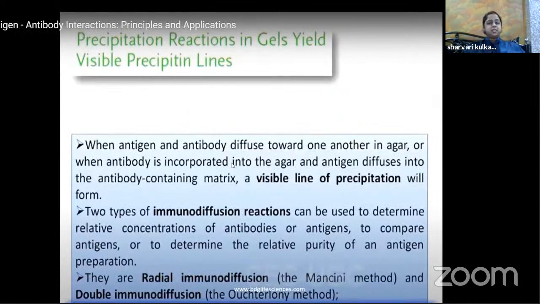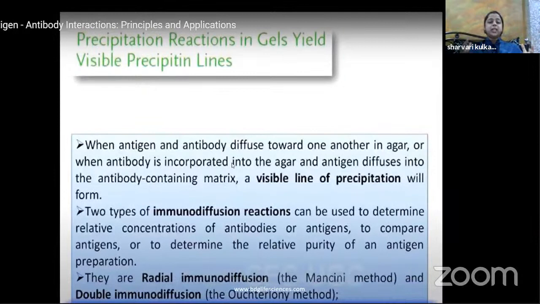Now, when these precipitation reactions are performed in gels, they yield visible precipitating lines. Antigen and antibody diffuse towards one another in agar. When antibody is incorporated into agar, the antigen diffuses into the antibody containing matrix, and a visible line of precipitation will form.